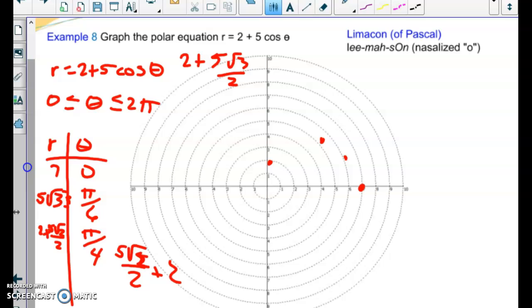And then just for the fun of it, let's go with 2 pi over 3. And I'm going to pause here because I'm going to run out of time, so I'm going to do a whole bunch of points.